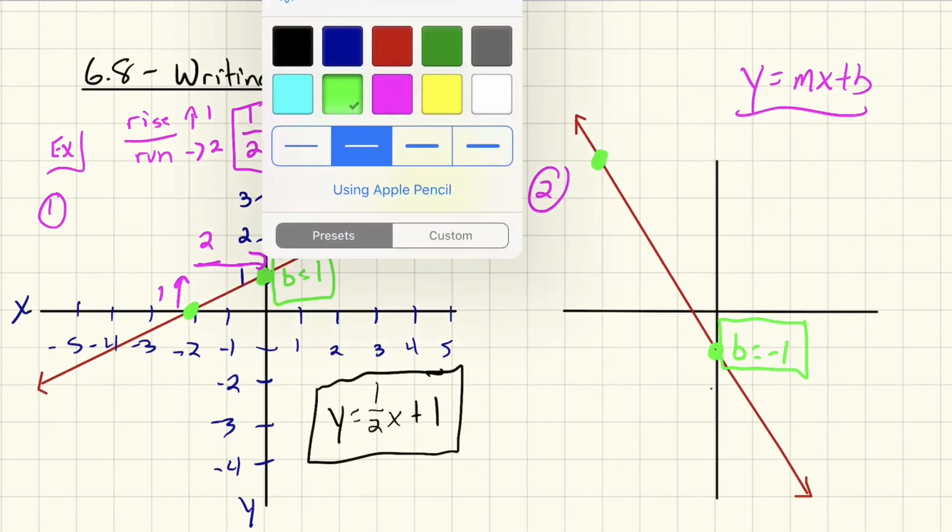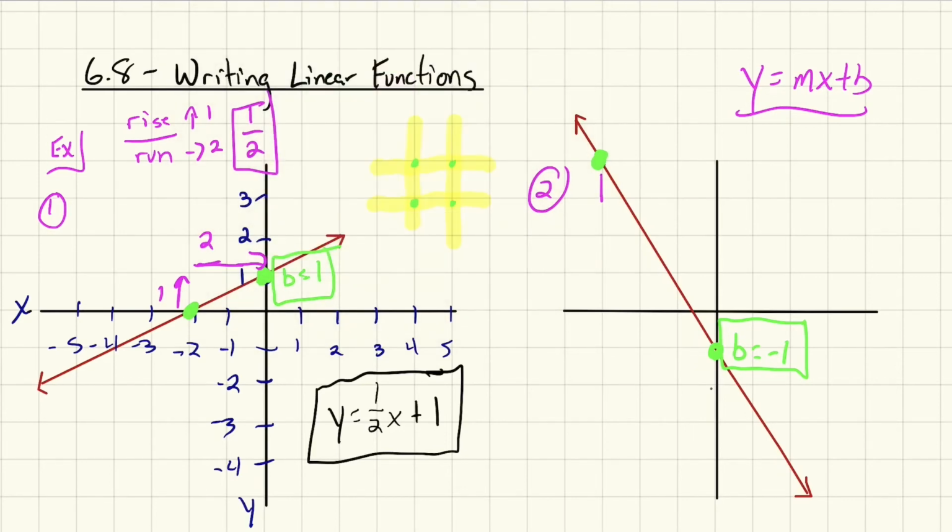No need in messing with formulas. So I go down 1, 2, 3, 4, 5 spots here. So I go down 5. And then I go to the right 1, 2, 3 to get to my next point. So I go down 5. I go right 3.